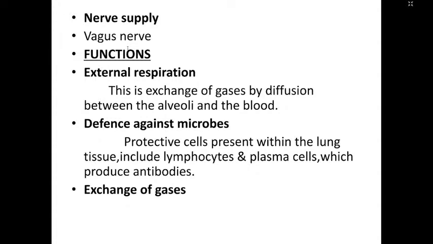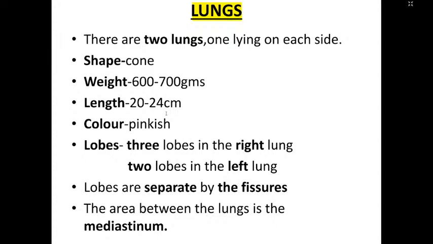Internal respiration is when oxyhemoglobin carries oxygen to the tissues, and at a cellular level the cells wash out carbon dioxide into the extracellular space, and oxygen diffuses into the cells. That is internal. External respiration happens in the lungs.